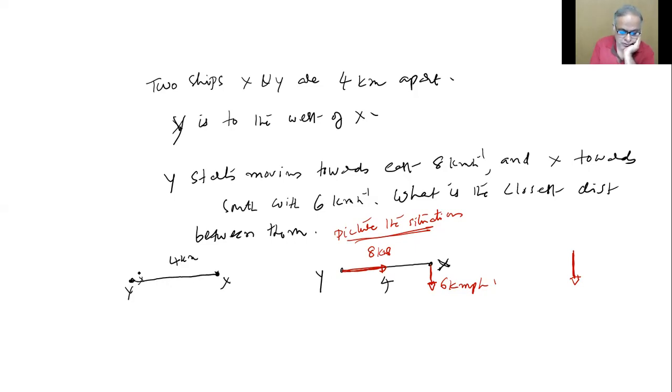So this is X. So the distance between them is this one, right? X is somewhere here, Y is somewhere here. So this is the distance between them. Like that, somewhere the distance will be minimum.